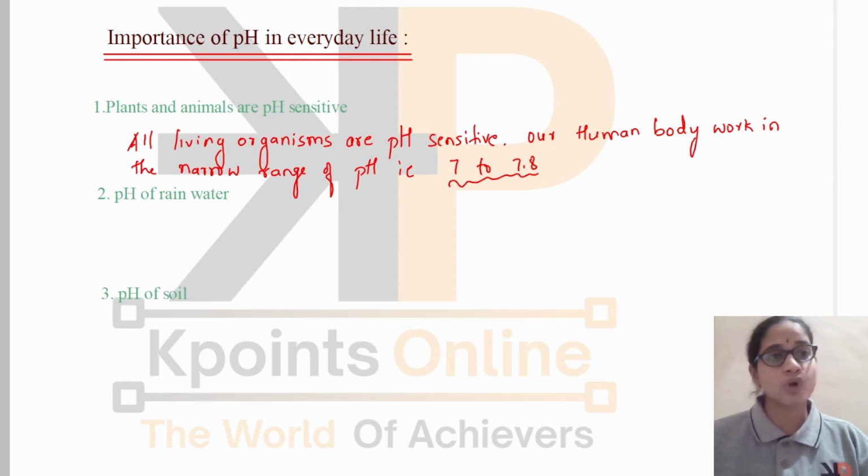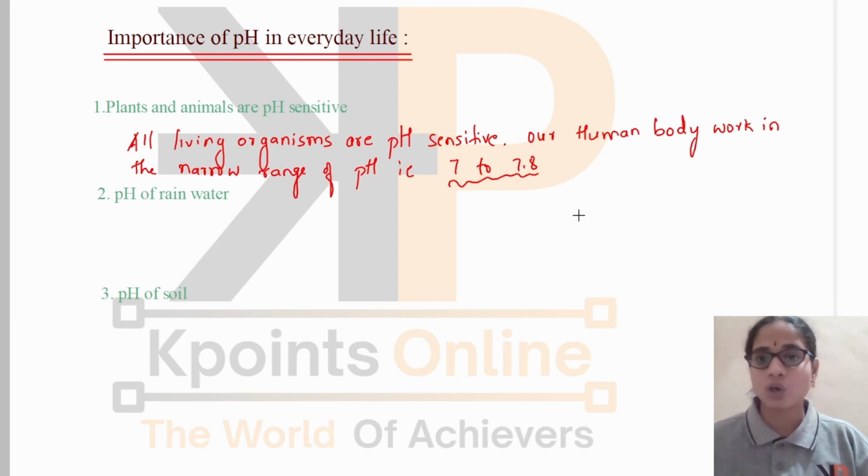Then what about the pH of rainwater? We know that if rainwater becomes acidic, if its pH decreases, it will be harmful to aquatic animals and aquatic plants. How does the pH of rainwater decrease?